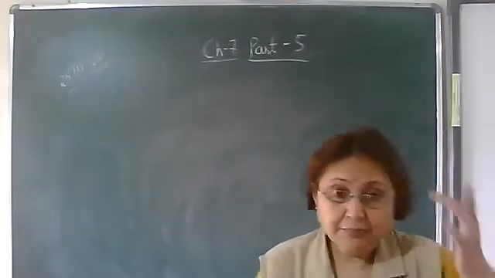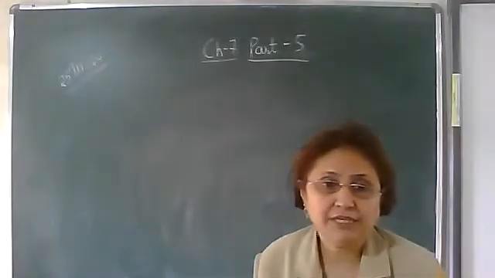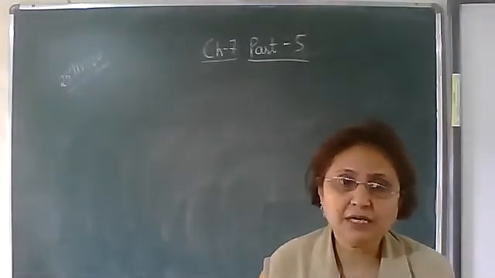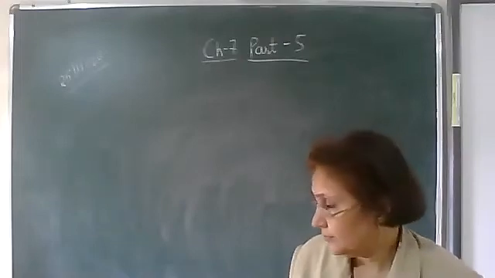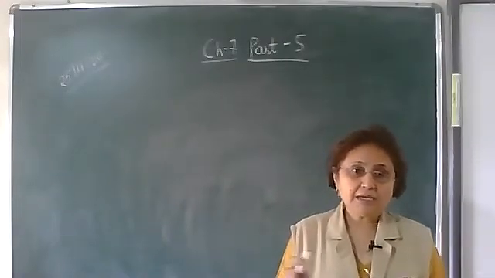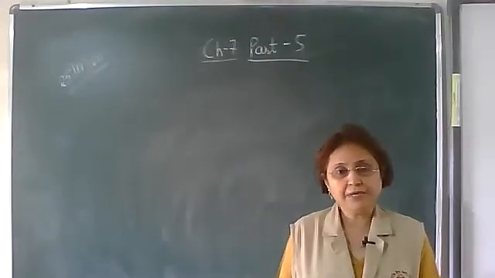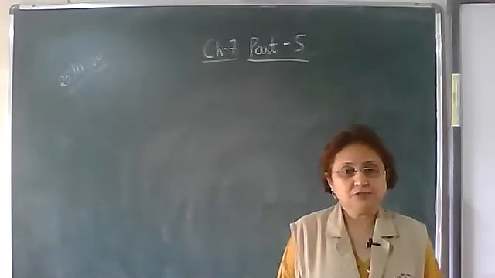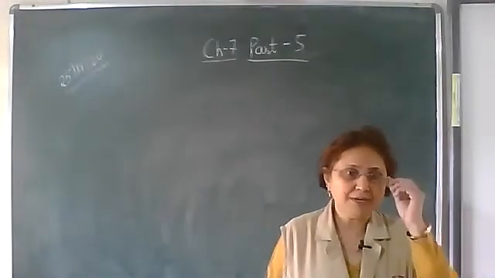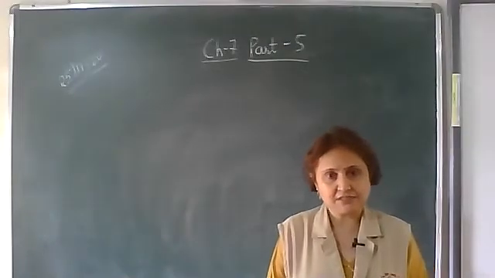So we were discussing angular momentum, and we found the expression of angular momentum in Cartesian coordinates. The angular momentum is given by r cross p vector. If r and p, that is the position vector and the linear momentum, are in the xy plane, then the angular momentum lies along the z axis.